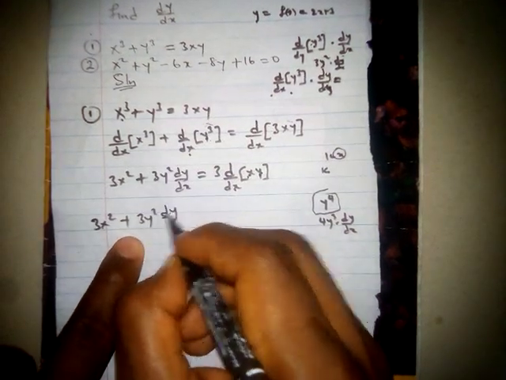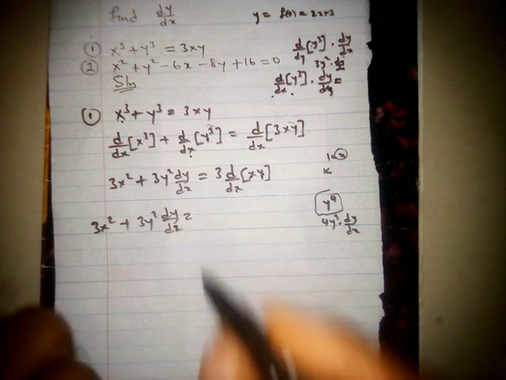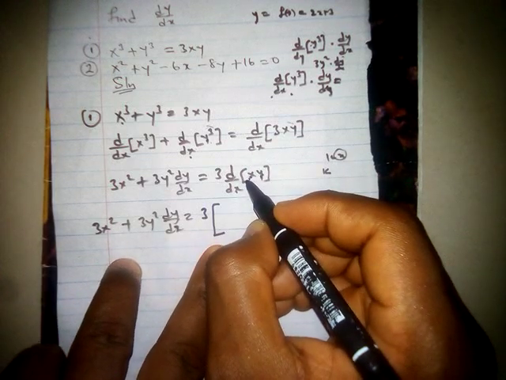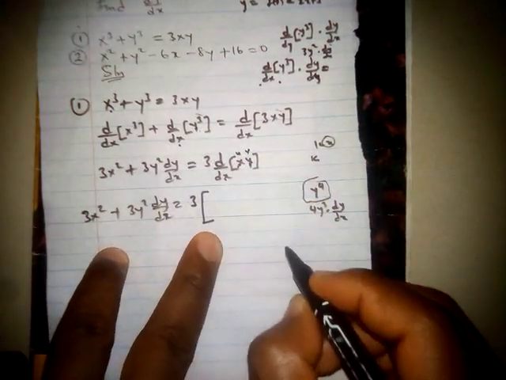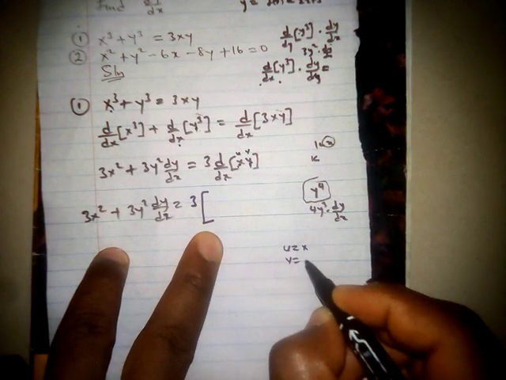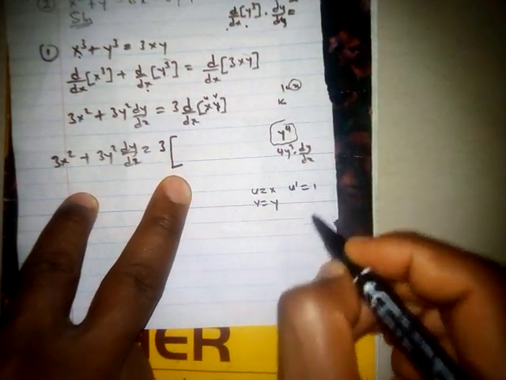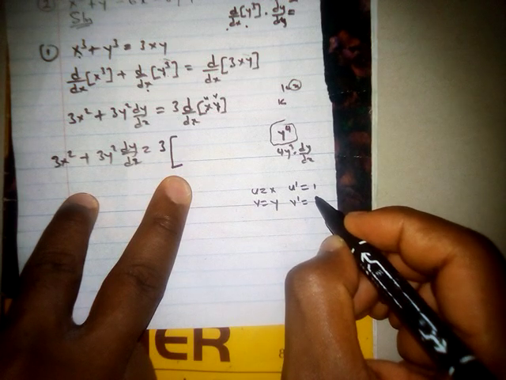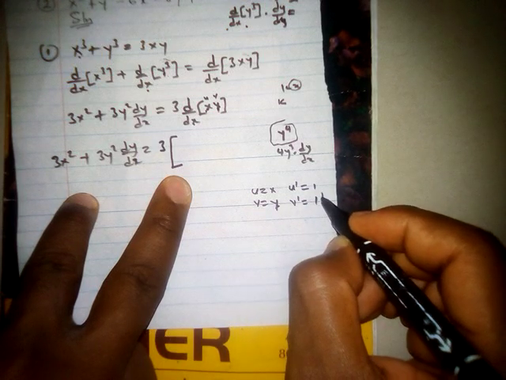We have dy/dx is equal to 3 times, now using our product rule, this one I'll take as our u and this one as our v. So my u is equal to x and my v is equal to y, so my u prime is equal to 1 and my v prime is equal to, if you differentiate y, you have 1 with respect to y, then multiply by dy/dx, you have 1 times dy/dx.